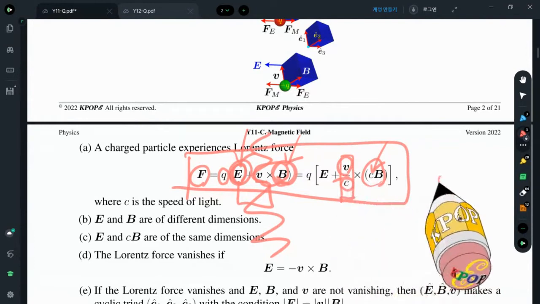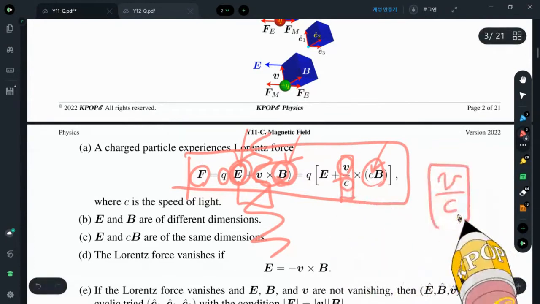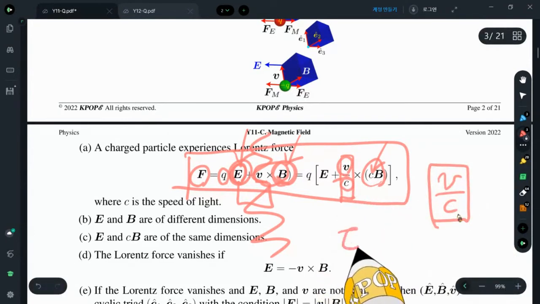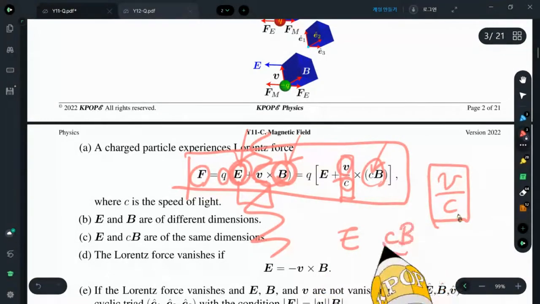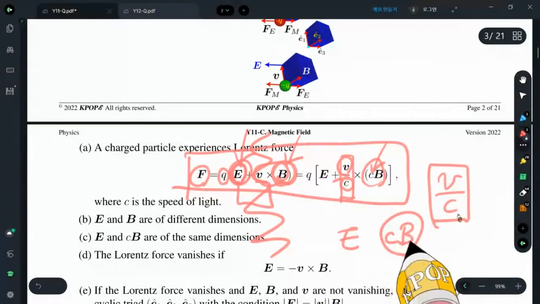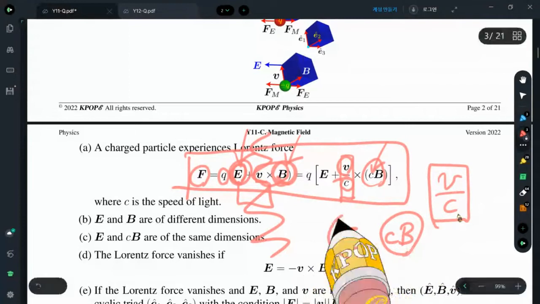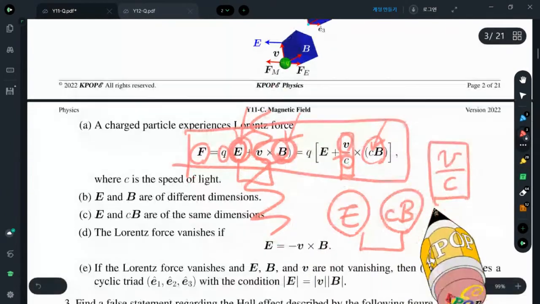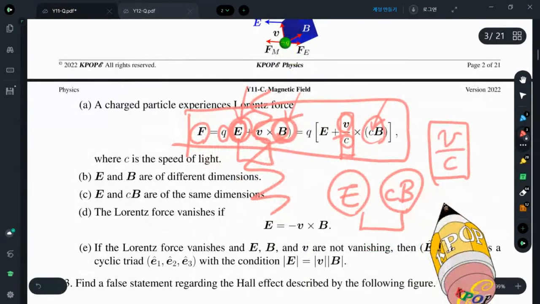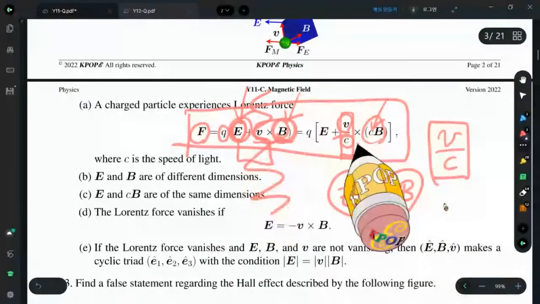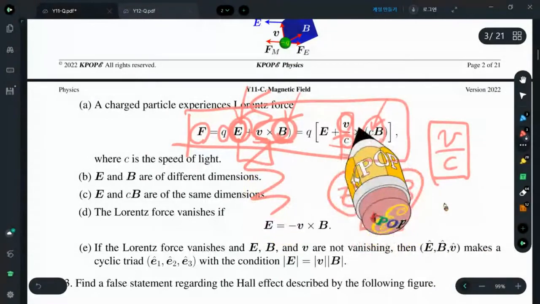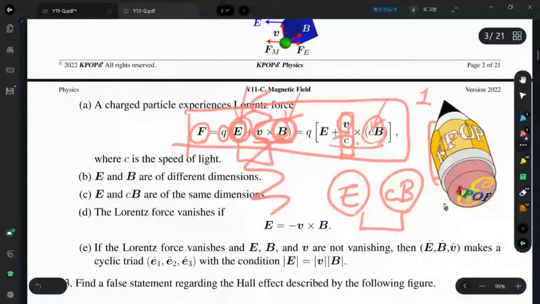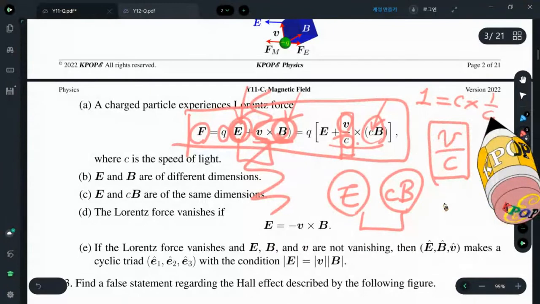In this way, V over C is dimensionless, and the electric field and CB, the speed of light multiplied by the magnetic field, are of equal dimensions. Okay. Anyway, they are the same. Whether I multiply, it is just 1, a C times 1 over C.